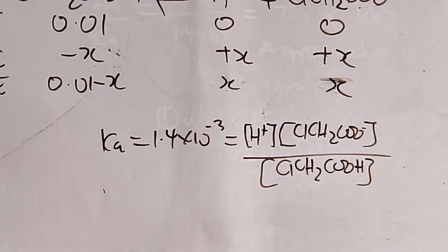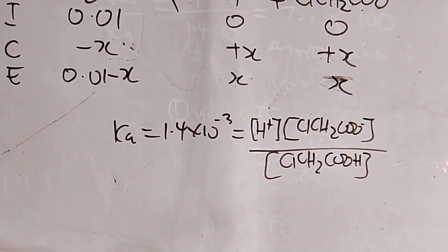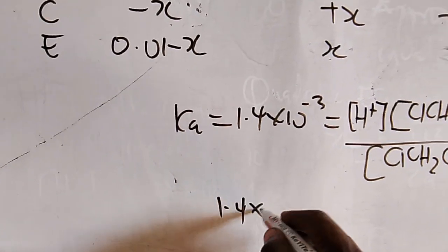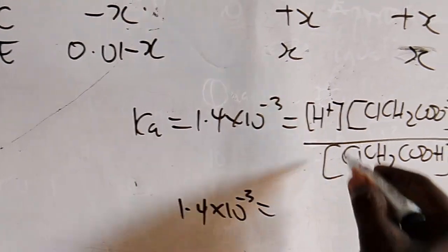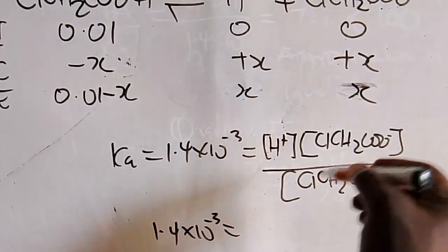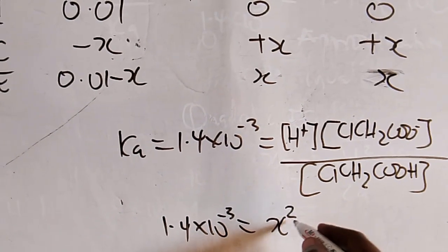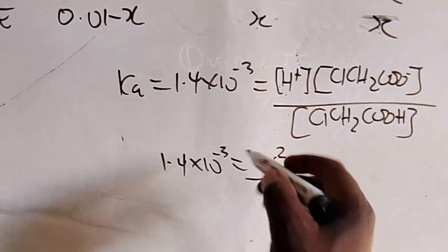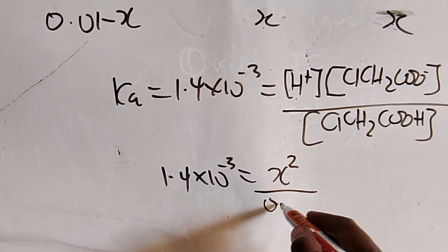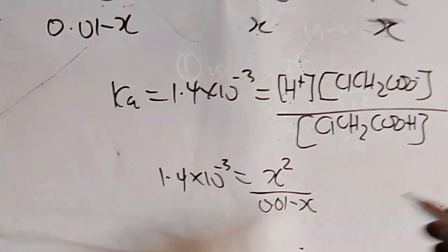Okay, now we substitute the equilibrium concentrations. It will be 1.4 times 10 to the power negative 3, hydrogen ion is x, this one is also x, so it will be x squared over, for the acid, 0.01 minus x.